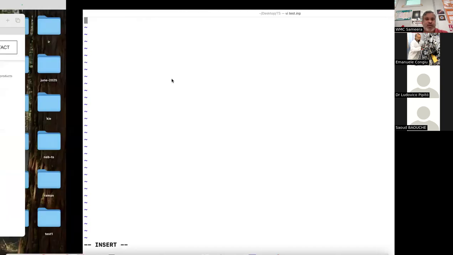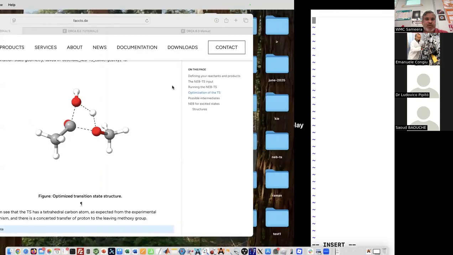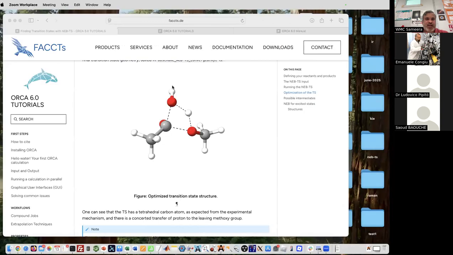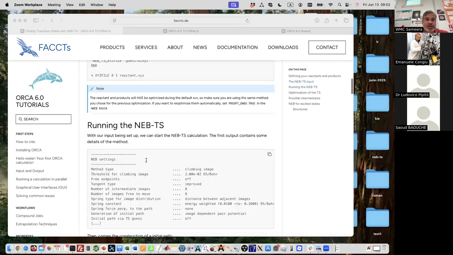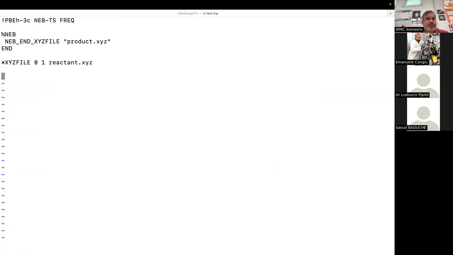Now we want the input keywords, which you can find in the tutorial web page. Here the idea is as follows.